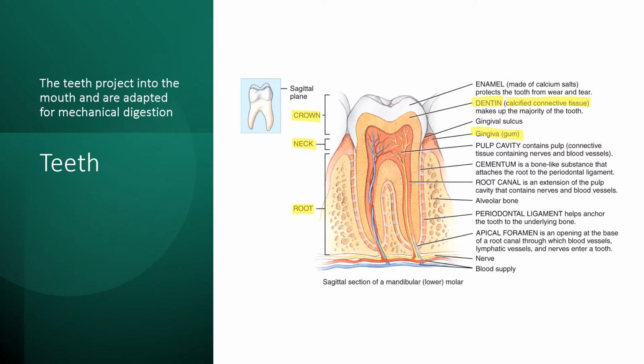Now the dentin of the crown is covered by enamel. This consists primarily of calcium phosphate and calcium carbonates, so we could just say some calcium salts. And enamel is actually going to be the hardest substance in your body. It's going to be harder than bone, and this is because it has an even higher content of calcium salts.